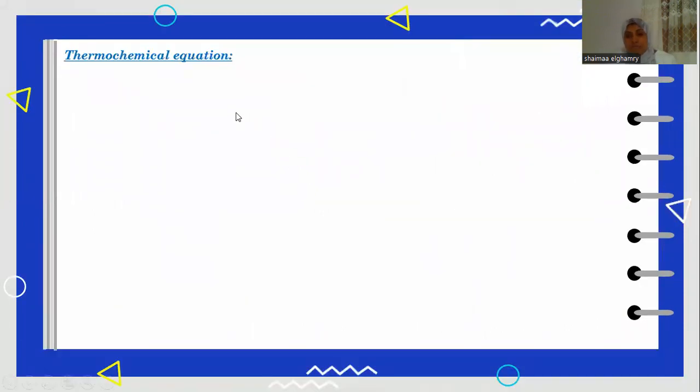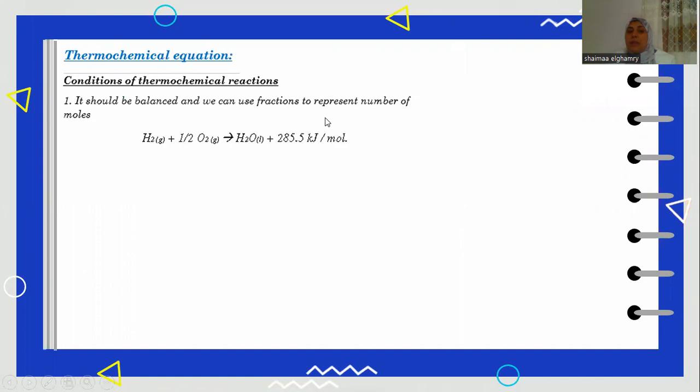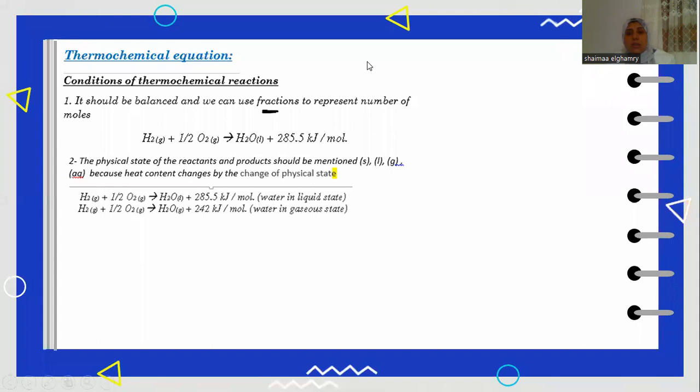Thermochemical equation. In thermochemical equation, it's not far from the ordinary equation that we are using. But in thermochemical equation, the equation should be balanced, okay? And also, we can use fractions to balance the thermochemical equation. In ordinary equation, we can't use the fraction, but here in thermochemical equation, we can use the fraction.